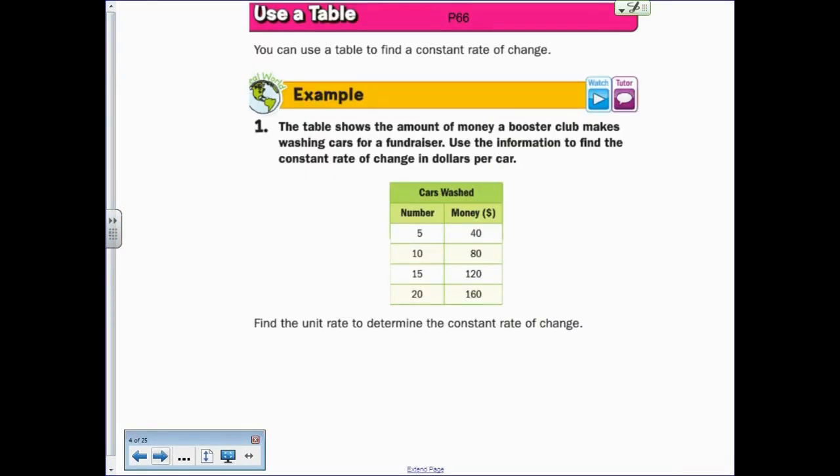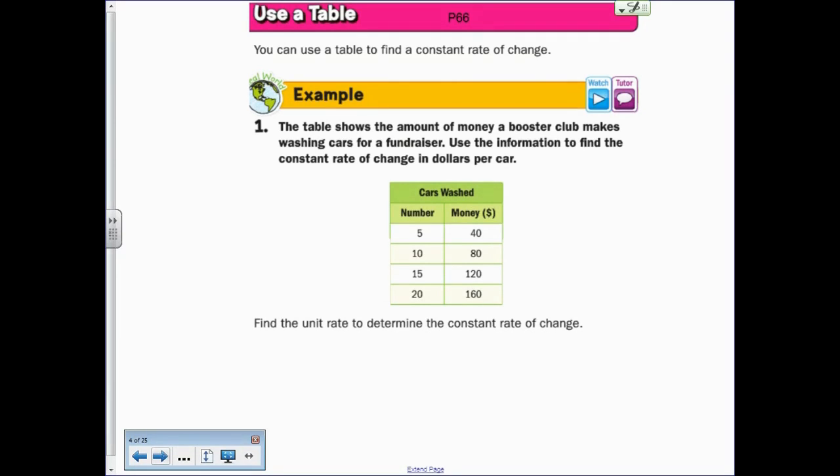Page 66 says you can use a table to find the constant rate of change. It says the table shows the amount of money a booster club makes washing cars for a fundraiser. Use the information to find the constant rate of change in dollars per car.